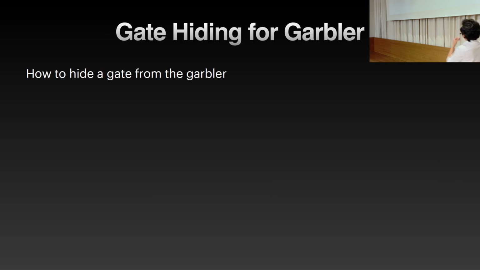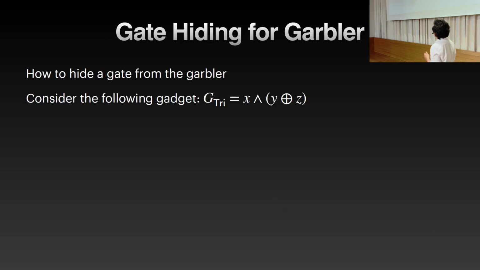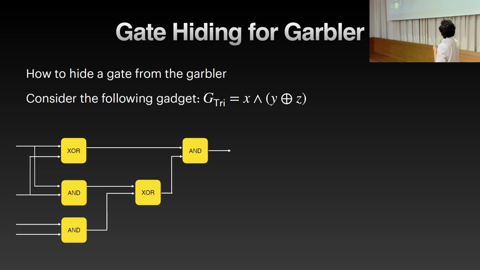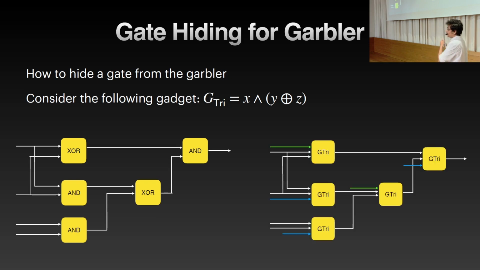The idea is essentially to consider this particular gadget, which is X and Y, X or Z. If you look closely, this has an AND gate in it and an XOR gate in it. So if we somehow can let the evaluator program the inputs of this gadget, then the evaluator can choose if it wants to evaluate this as an XOR gate or as an AND gate.